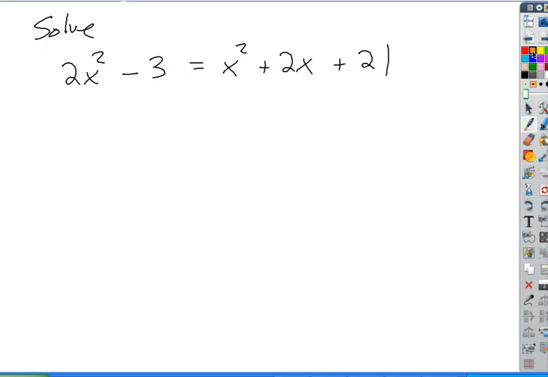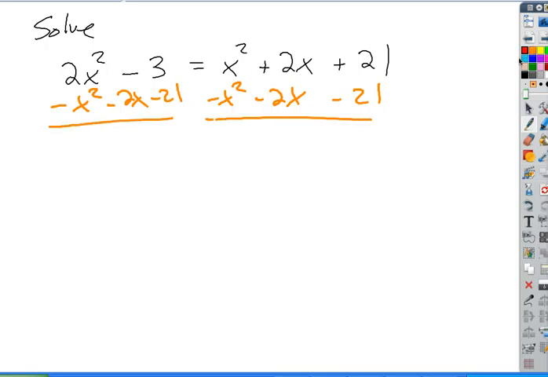So if I push everything left, notice what we get. We get 0 on the right. Everything cancels, right? On the other side, 2x squared minus x squared gives us x squared.